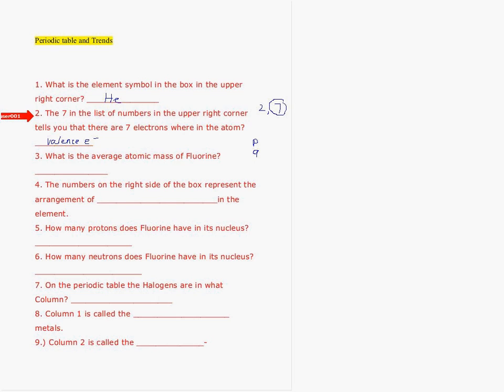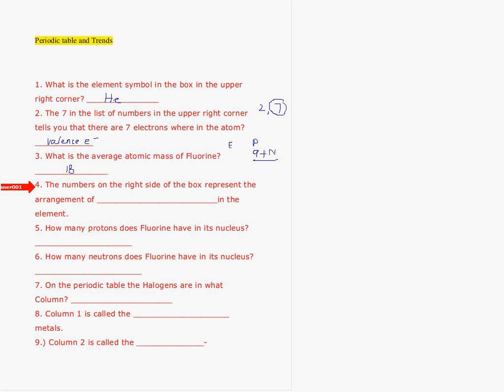So, protons are 9, so electrons will also be 9. If electrons and protons are 9, then we can find the atomic mass. That will be your neutron, because neutron and proton make atomic mass, right? So your answer is correct.